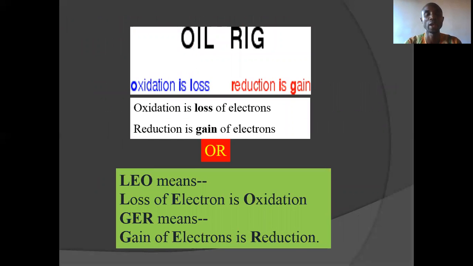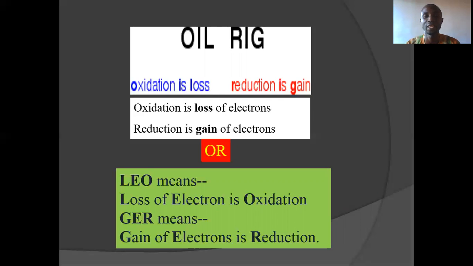The acronym we can use to remember oxidation in terms of electron transfer is OIL. While the acronym we can use to remember reduction in terms of electron transfer is RIG. Oxidation is loss of electrons, while reduction is gain of electrons.